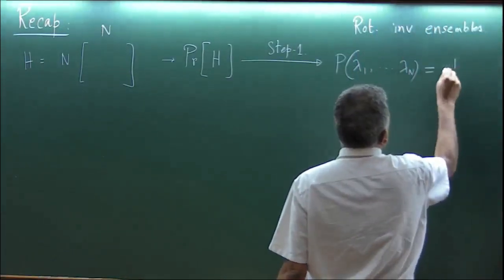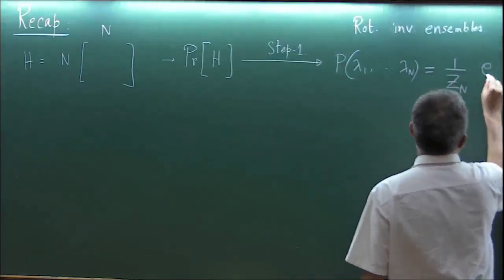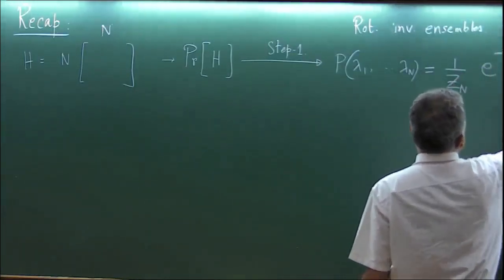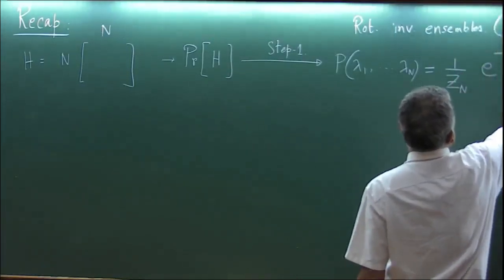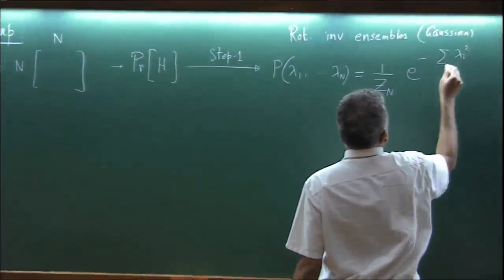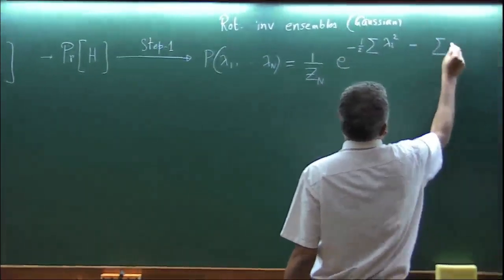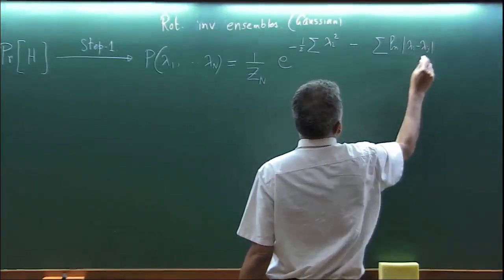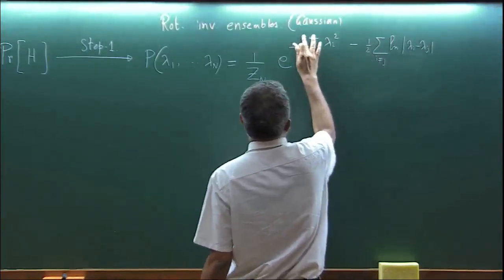what we saw in the last class is that you can actually derive this, and this is in general given by, for Gaussian ensemble, there's a beta there.